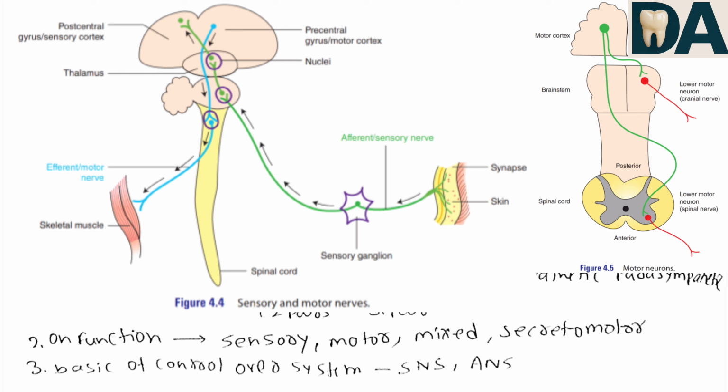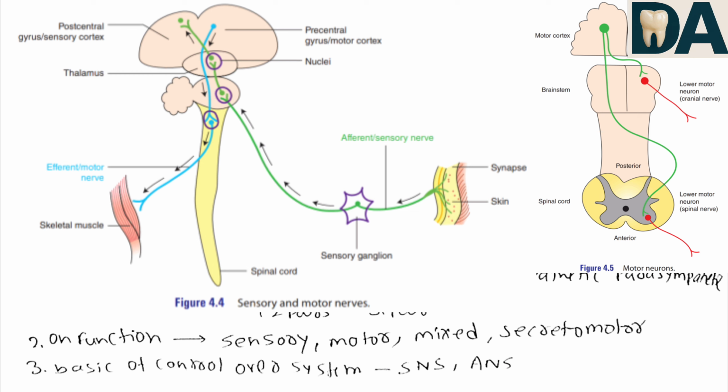Lesions of upper and lower motor neurons. Lower motor neuron refers to a nerve cell that connects the spinal cord to a muscle.